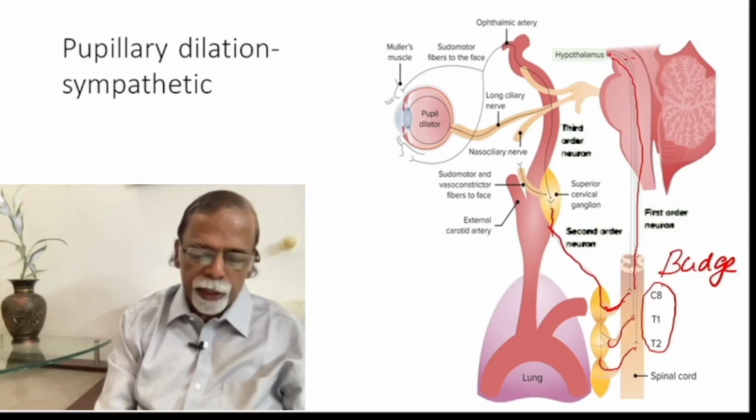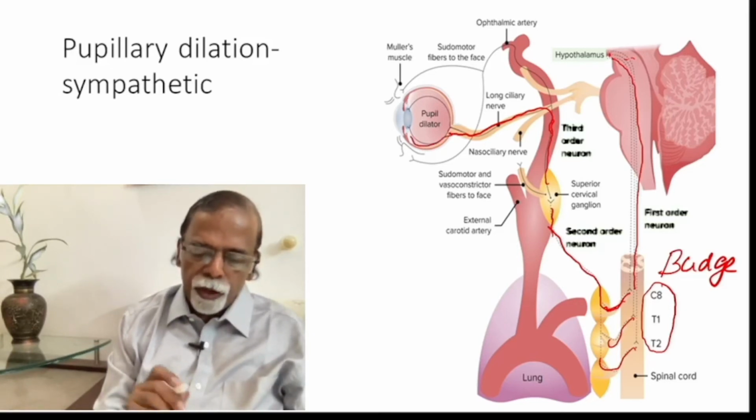From the superior cervical ganglion, the fibers pass along the internal carotid artery and reach the branch of the fifth nerve, the long ciliary nerve. Through the long ciliary nerve, it supplies the pupillary dilator fibers.